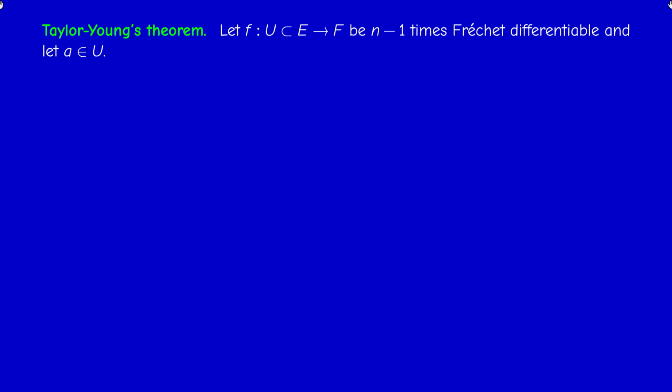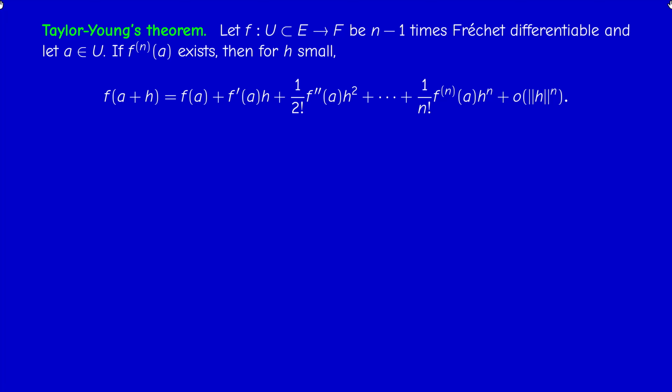Now I will use this to prove Taylor-Young's theorem. The assumptions are f is n minus 1 times Frechet differentiable, and its n minus 1 Frechet derivative is differentiable at a. So we can just say this by saying that f is n times Frechet differentiable at a.